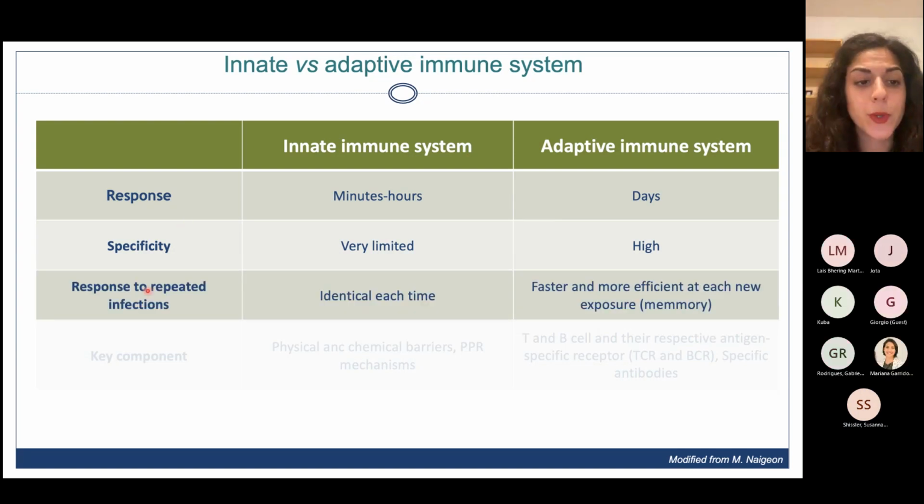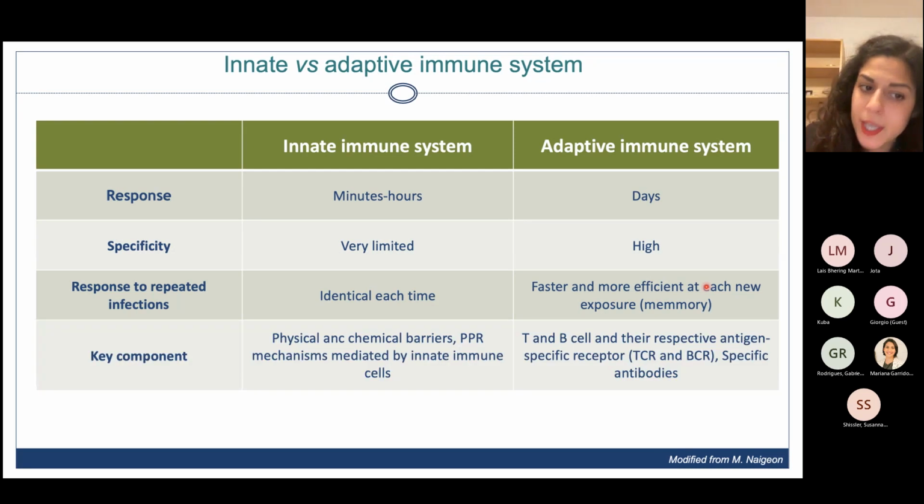The response to repeated infection is also not the same, because the innate immune system will always work in the same way, while the adaptive immune system will have a faster and more efficient way to fight against the danger because of this memory response. And so the key components are also not the same.